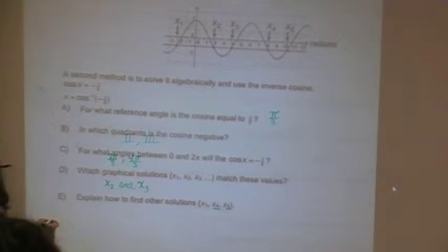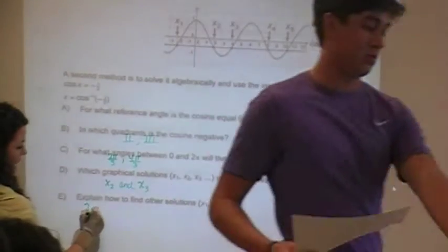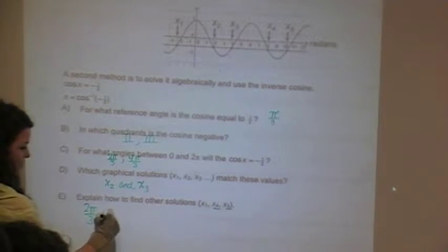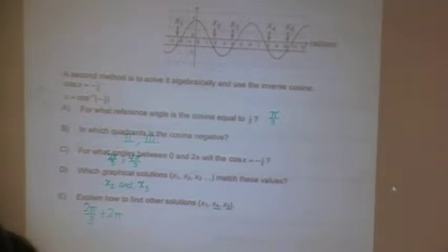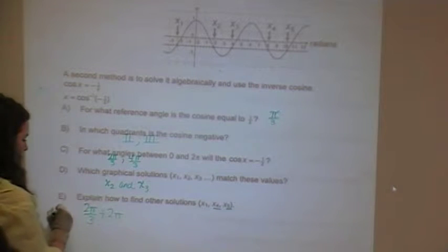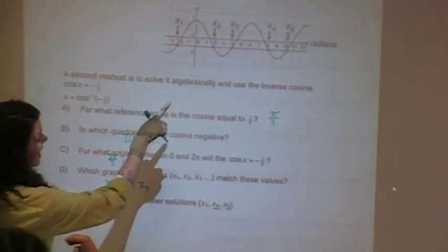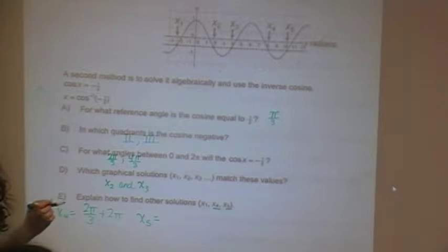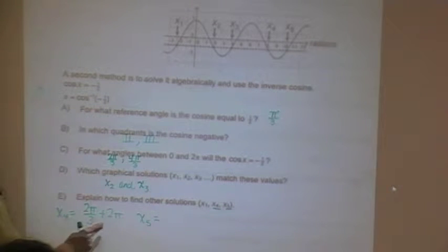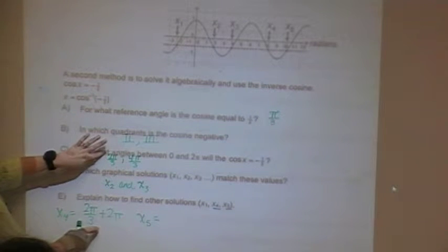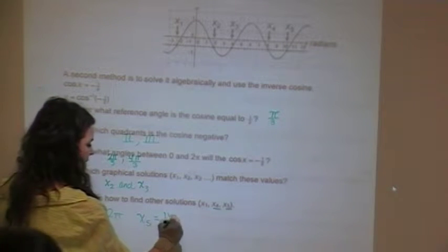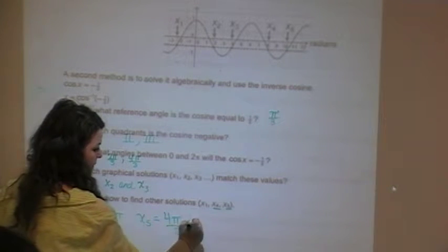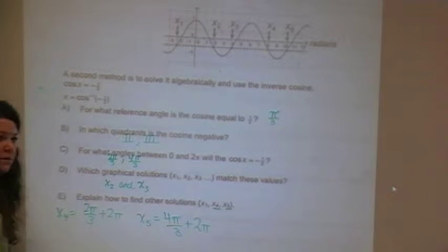So I could take 2 pi over 3 and add 2 pi to it. Wouldn't that give me the next going in the water answer? What would give me the next coming out of the water answer, so my x5 answer? I need it coming out of the water answer. These are both going in the water answers, so it would be 4 pi over 3 plus 2 pi. Because that's the coming out of the water answer.